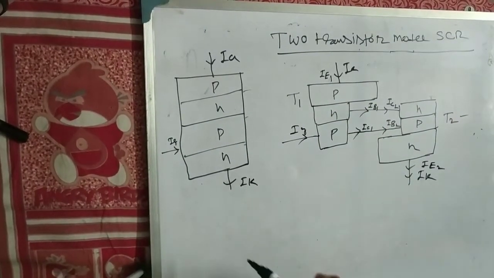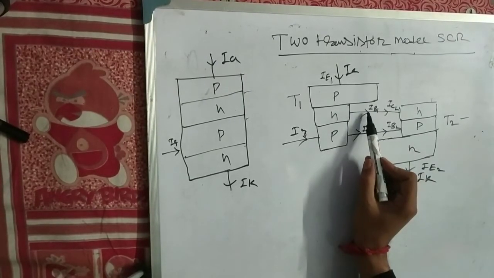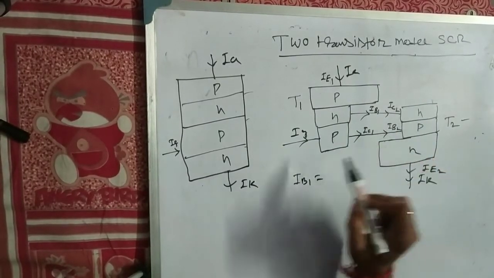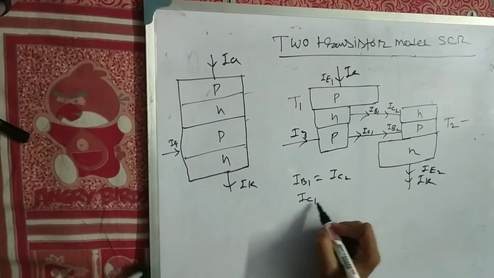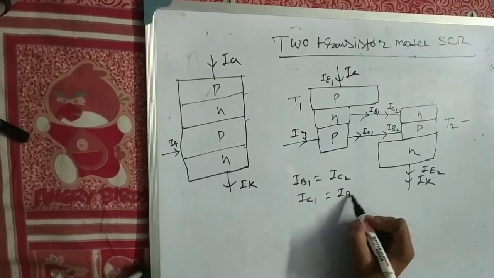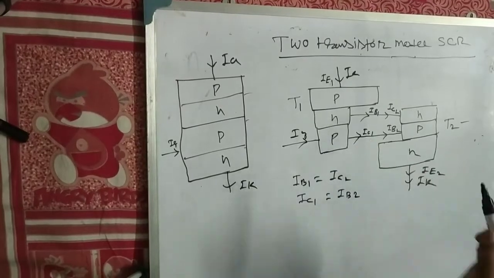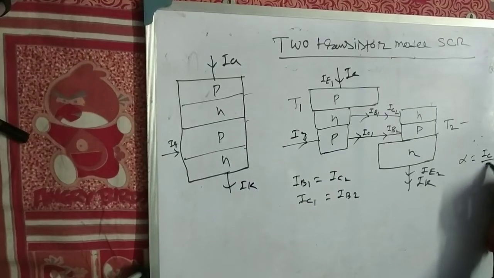From this scenario we can see that for transistor 1, the base current equals the collector current of transistor 2, IC2, and for transistor 1, the collector current equals the base current of transistor 2. We all know that alpha, the common base current gain, equals collector current by emitter current.